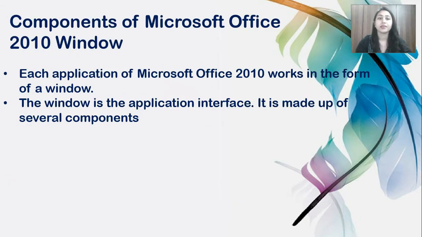Okay. Now next, components of Microsoft Office window. Each application of Microsoft Office 2010 works in the form of a window. The window is an application interface. It is made up of several components. So let's see some basic components of Microsoft Office. Basic components means whether you open Word, PowerPoint or Excel, you can see all these components in every application.